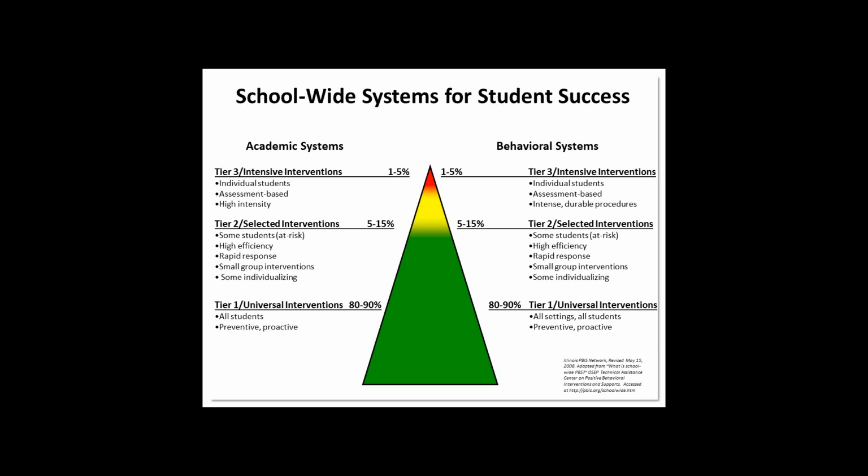Okay, so we're now in this area up here, where we're kind of in a very light orangey red color. We're not quite at those Tier 3 intervention levels. That complex FBA is happening up here at that Tier 3 level.